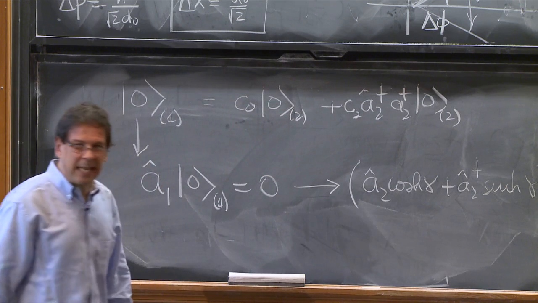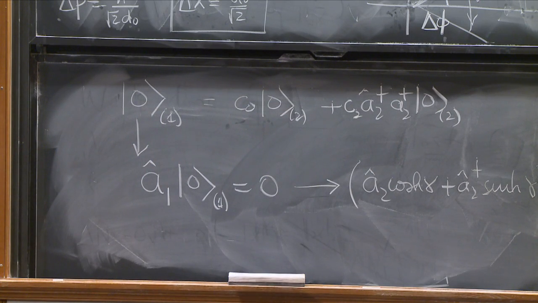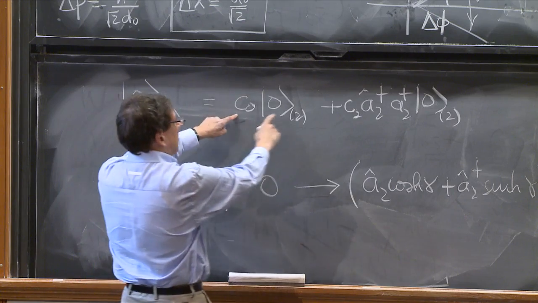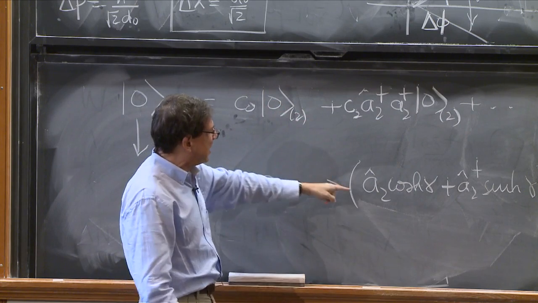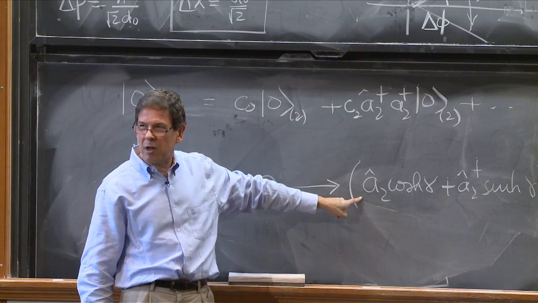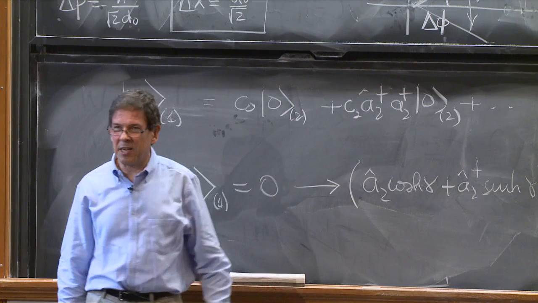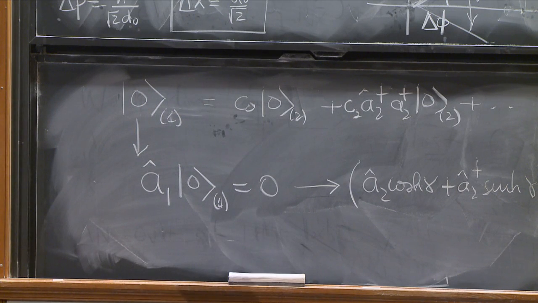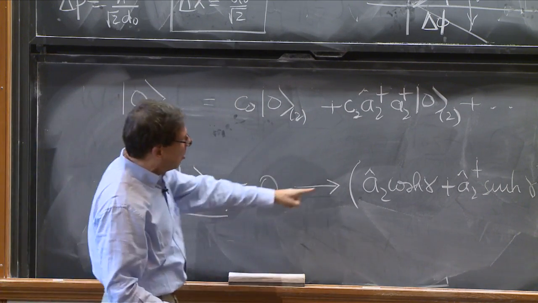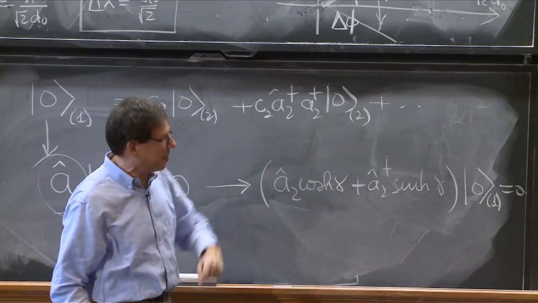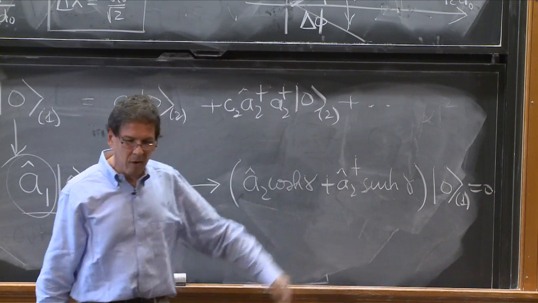So I could at least, if I had infinite time, put a few terms and try to calculate more or less what kind of state is killed by this strange combination of creation and annihilation operators. You see, a ground state is killed by the normal annihilation operator. That's what this is. But this operator now we know it's given by this formula over there, and then it must kill all that.